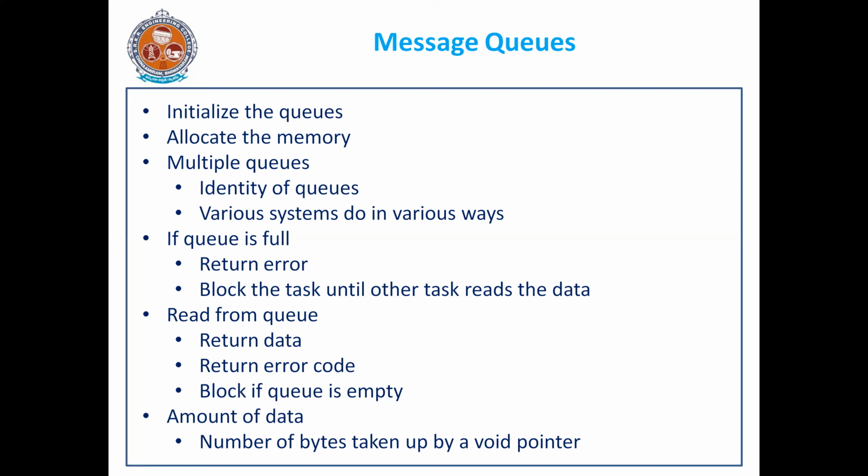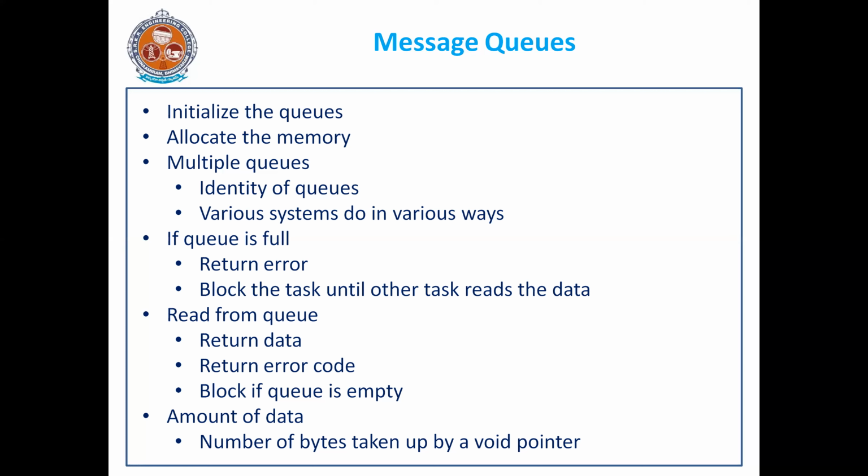Either you can return an error that the queue is full, or you can block the task until another task reads data from the queue. Once another task reads the data, the queue will again have some empty space to write a new message onto the queue. Until then, that particular task will be blocked.